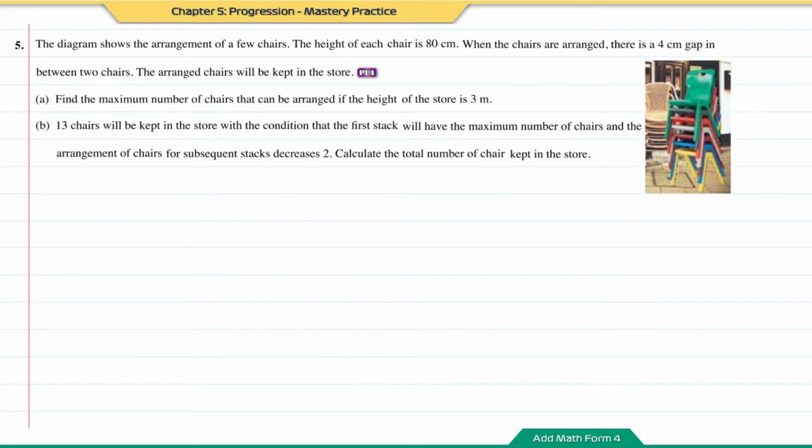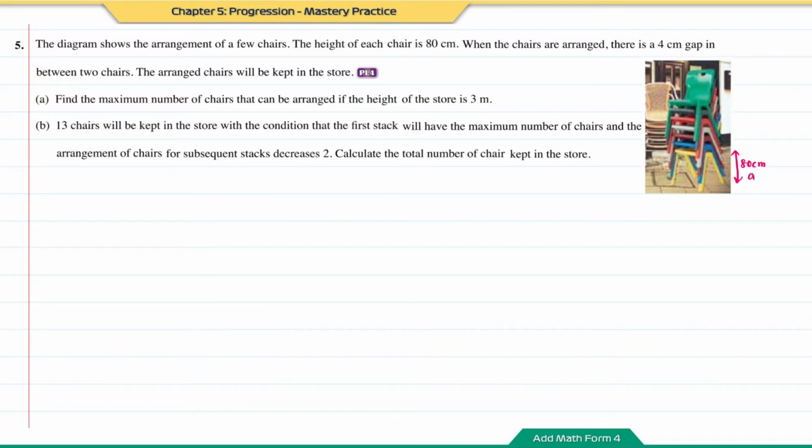So first, we need to determine whether the arrangement of the chairs here is going to form an arithmetic progression or a geometric progression. The height of the first chair is going to be 80 centimeters, so this 80 centimeters will be the a, the first term.